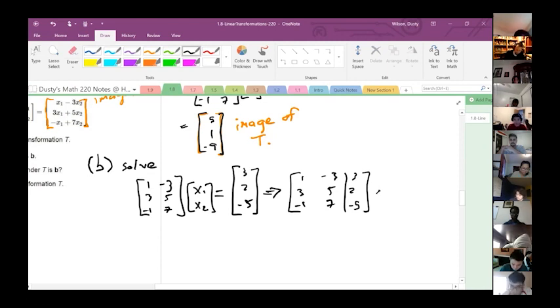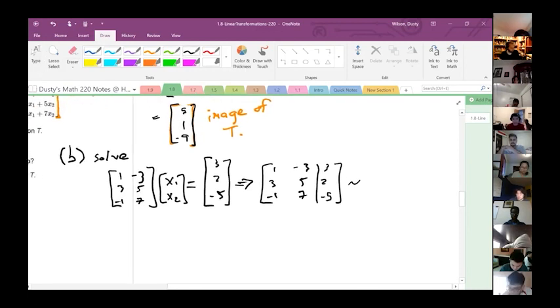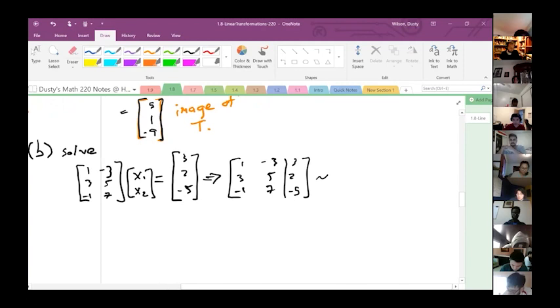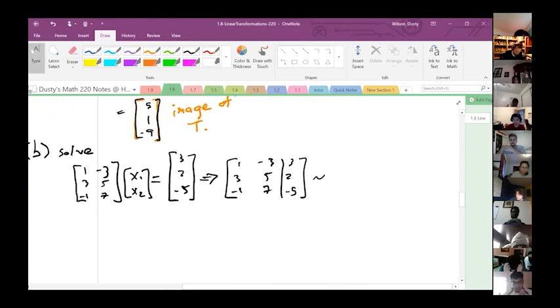And you can row reduce this. Anybody have it row reduced for me yet? I think it's not the identity matrix, Ahmed.